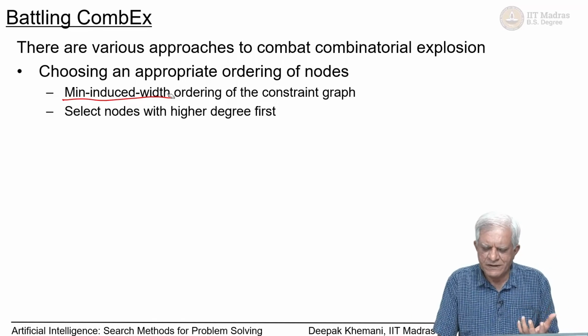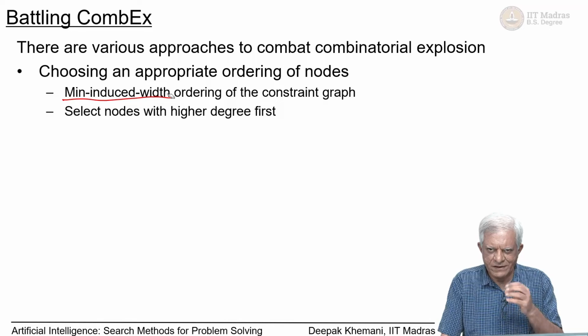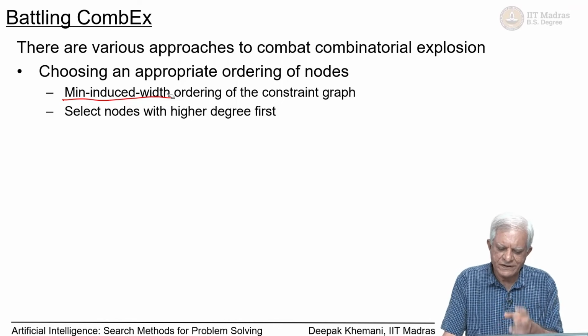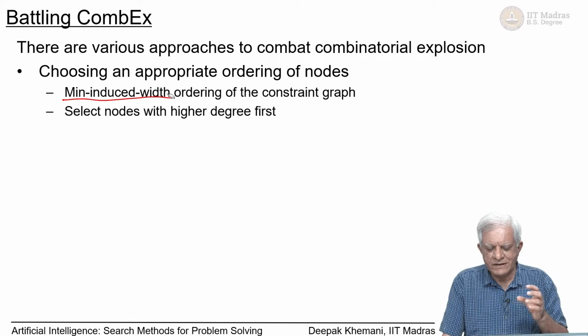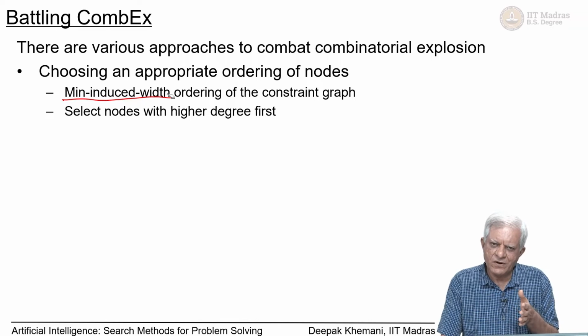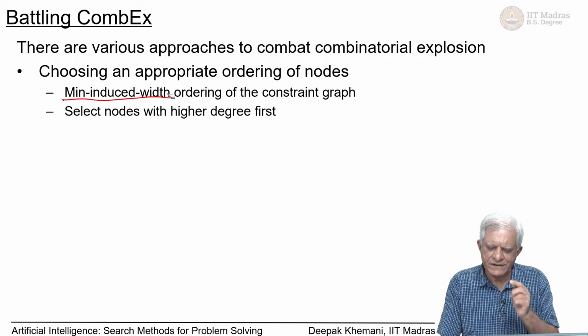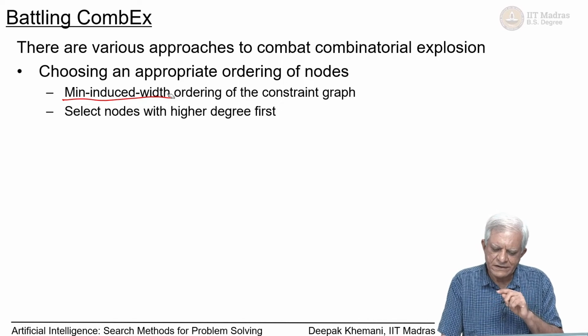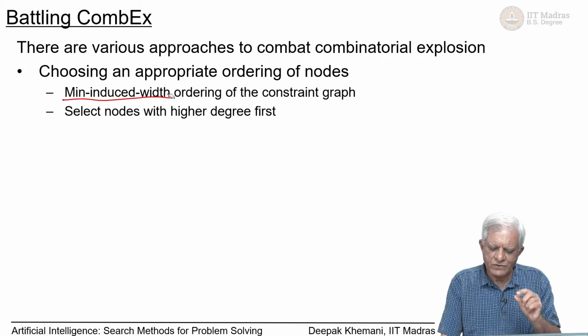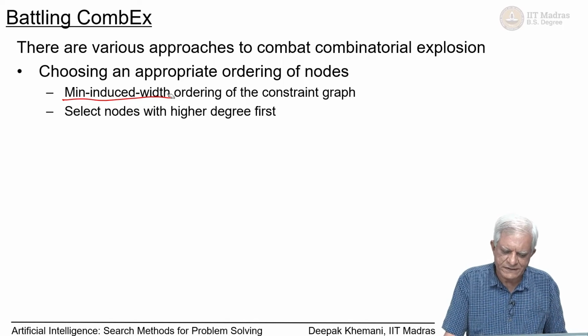There is something called min width ordering, which basically says take the node with the highest number of edges coming out first, because that node would influence many other nodes. And so, you do a min induced width ordering, which is a variation on that, which says that every time you select 2 nodes, you connect them, so that is also another edge essentially.